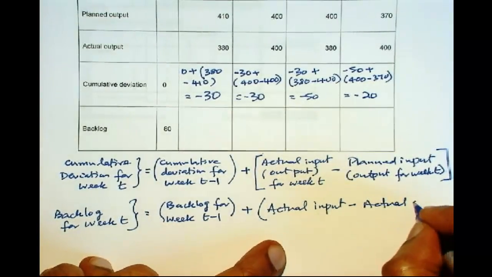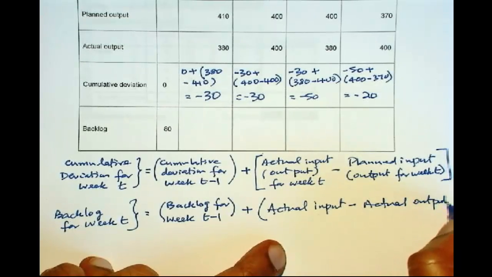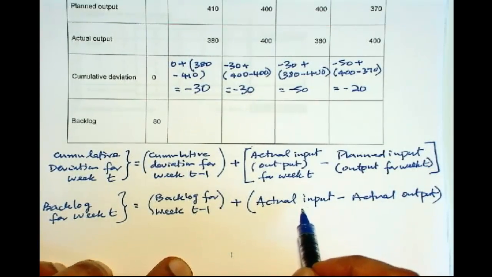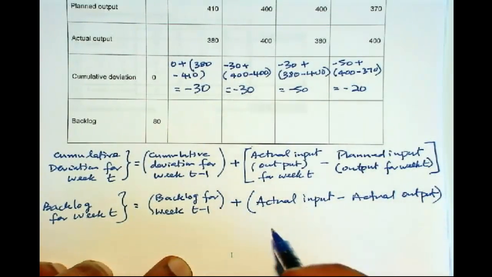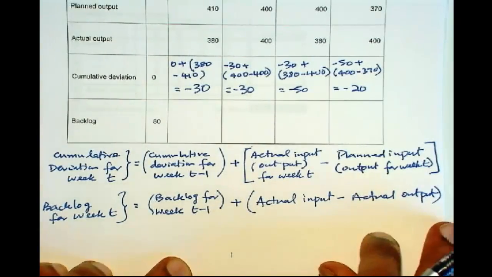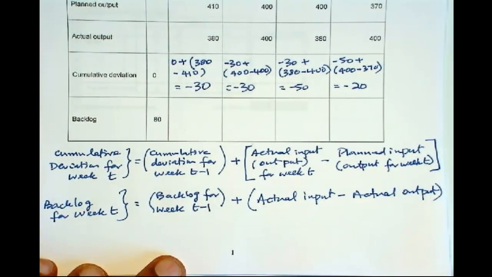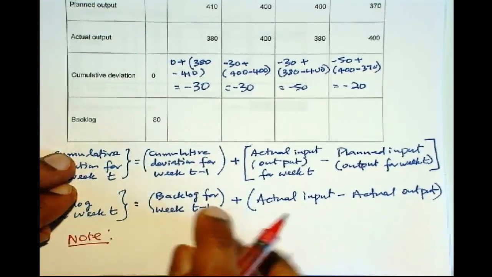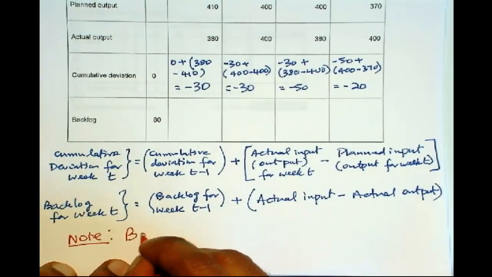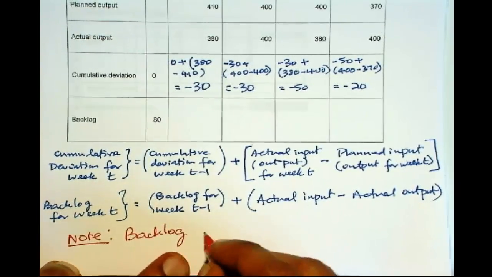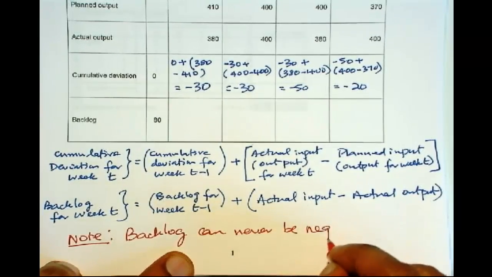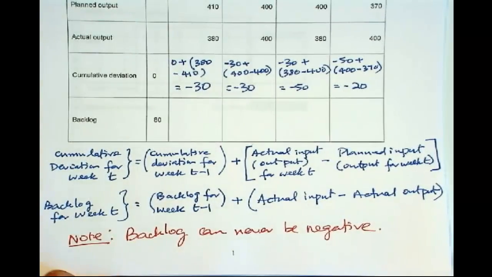So backlog is about what is actually happening. It is not about planned input or planned output. It's always with actuals. Because of that, you need to note that backlog can never be negative. So if you end up with a negative backlog, then you know that you made some mistake somewhere.